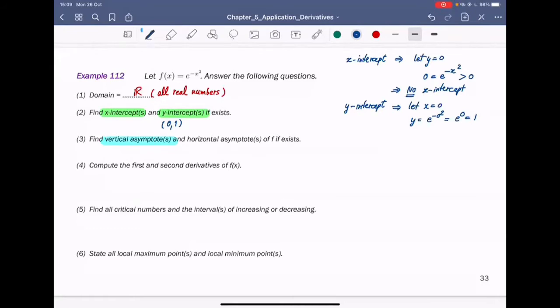Usually to find a vertical asymptote, you just need to look at the point that makes the function's denominator 0. Here, because your function is f(x) equals e to the minus x squared, you have no vertical asymptote.